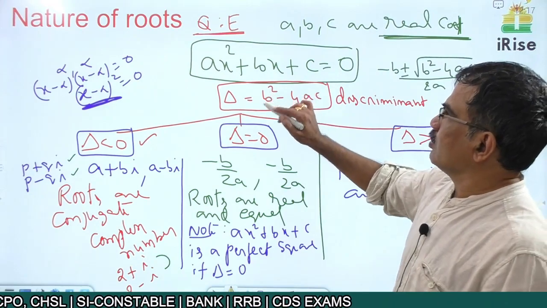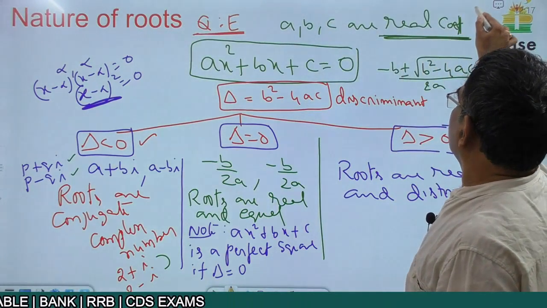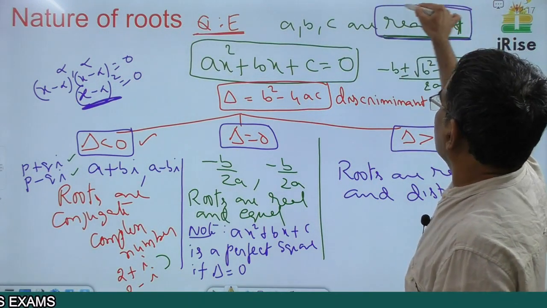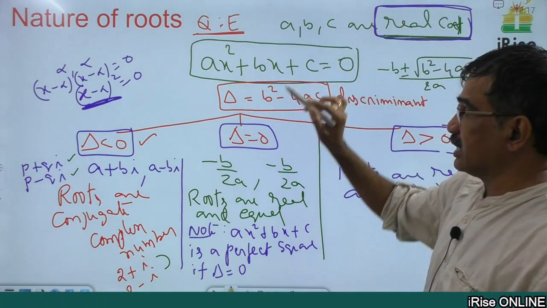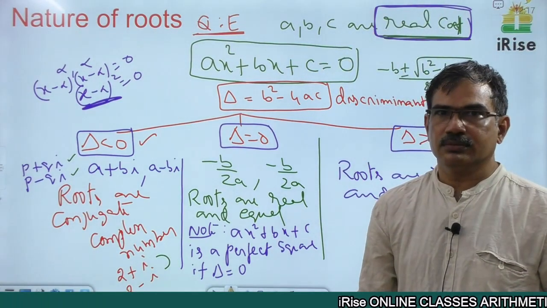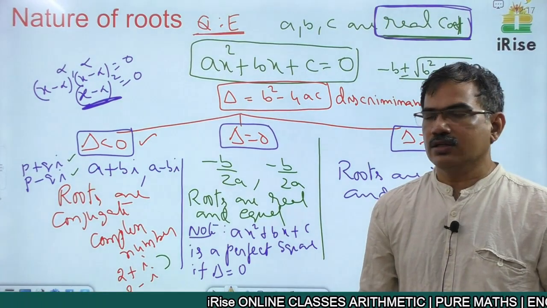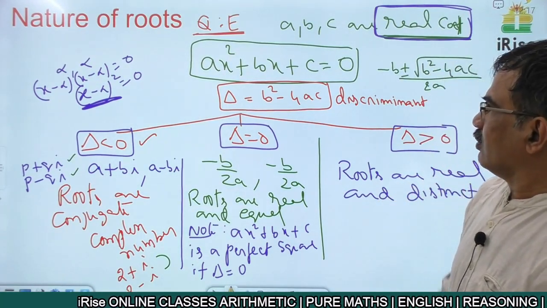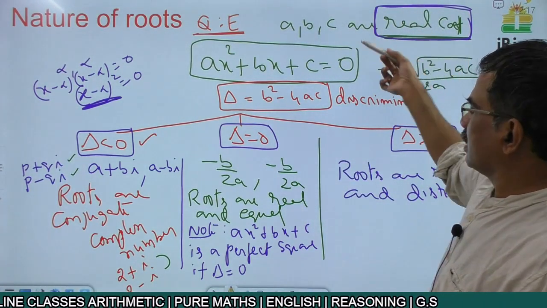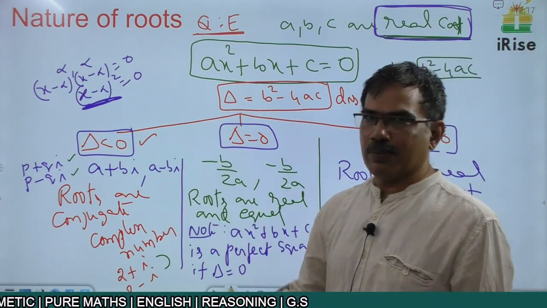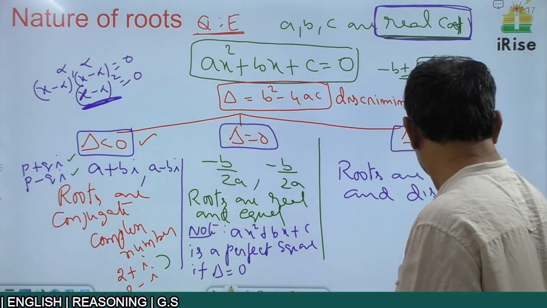Okay. So this is about the nature of the roots if a, b, c are real coefficients. Okay. Next. I want to discuss if a, b, c are rational coefficients, then what happens? See here.